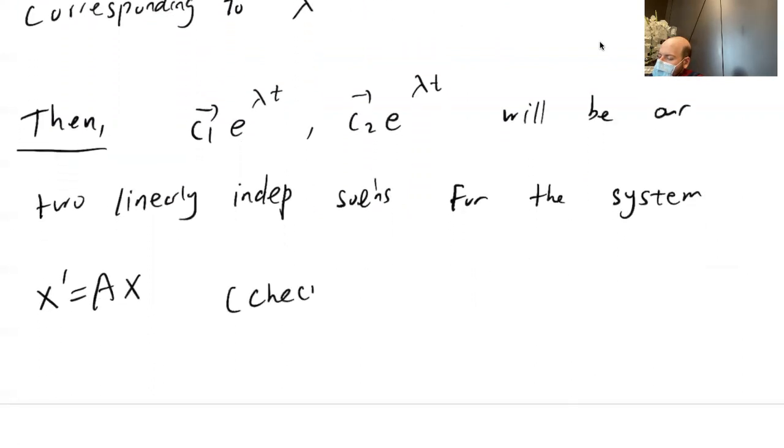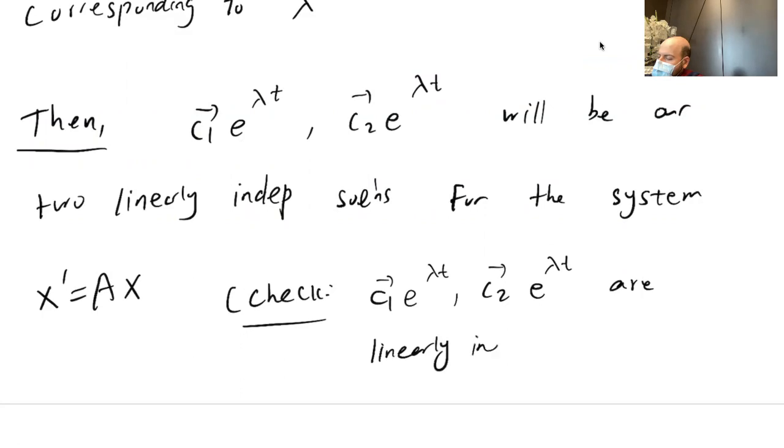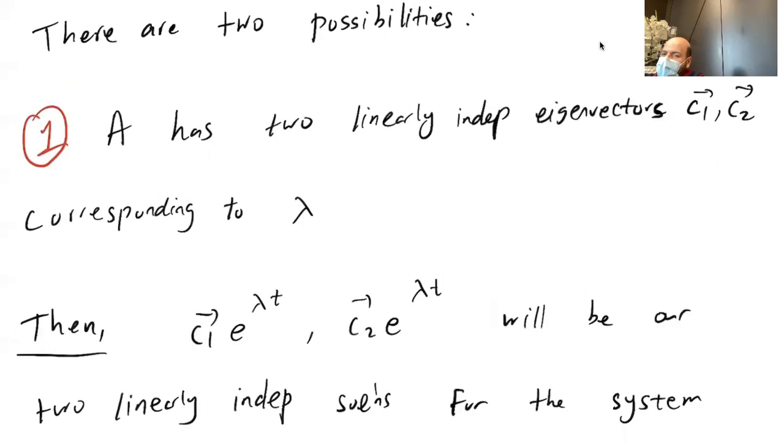And check that C1 e to power lambda t and C2 e to power lambda t are linearly independent. So we are assuming that there are two linearly independent eigenvectors C1 and C2 corresponding to lambda. Then if you construct C1 times e to power lambda t and C2 times e to power lambda t, you'll get two solutions for the system x prime equals Ax, and these two solutions will be linearly independent.